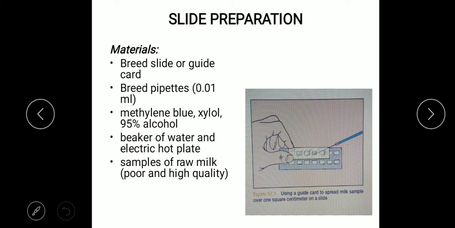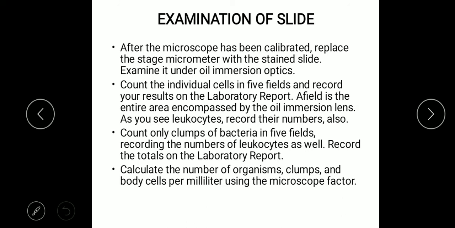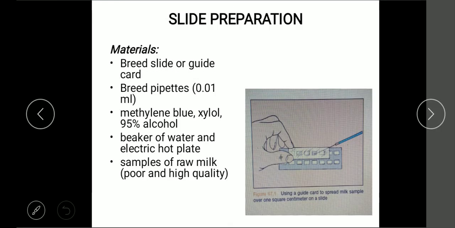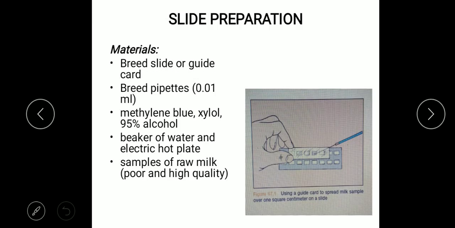After we get everything ready, we will shake the milk sample 25 times to completely disperse the organisms and break up large clumps of bacteria. Then we will transfer 0.01 ml of milk to 1 square on the slide.